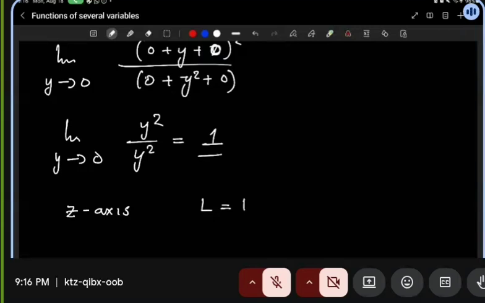Does this imply that the limit exists and that limit is 1? No. This is what I was pointing out earlier. You might pick routes that indicate that the limit exists, yet the limit does not exist.